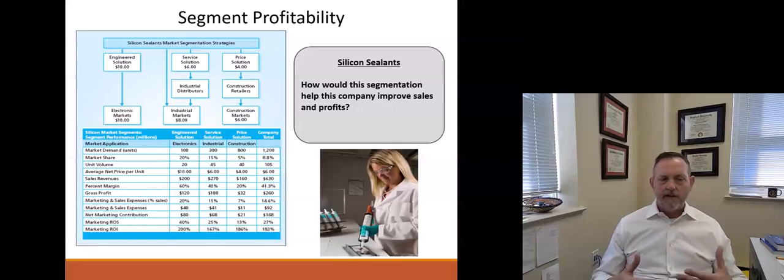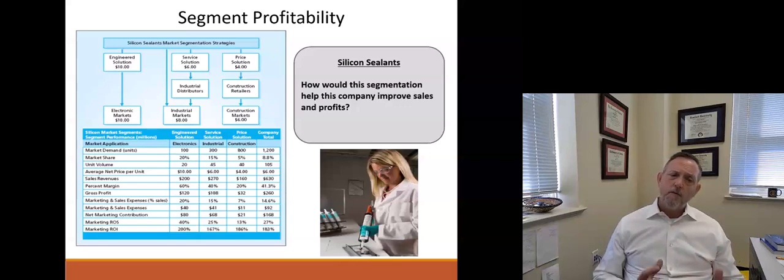And we look at other elements, marketing and sales expenses, and how effective our marketing is in each one of those spaces. We're able to reach, for instance, the electronics market segment much better with our marketing efforts. Return on sales and marketing return on investment are higher in both of those particular categories.